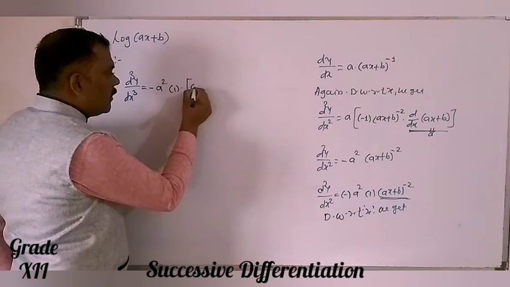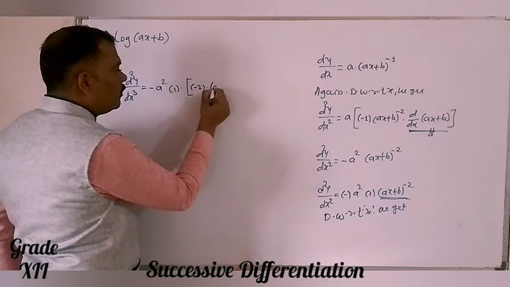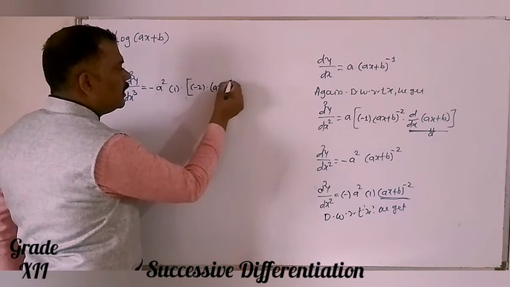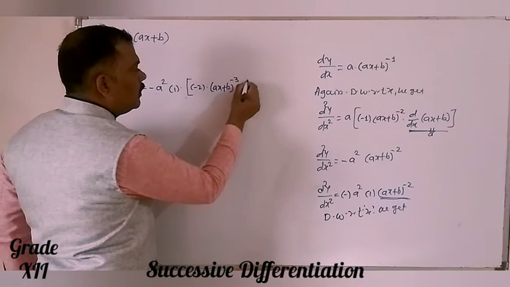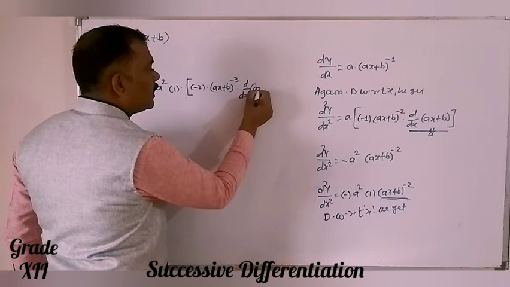Take the power as it is, minus 2, into, from the power we subtract 1, that is ax plus b raised to minus 3 into d by dx of ax plus b.